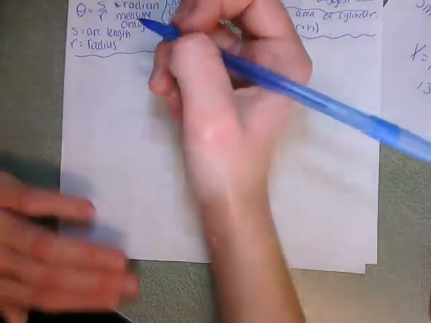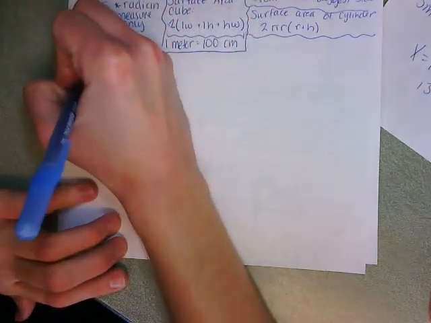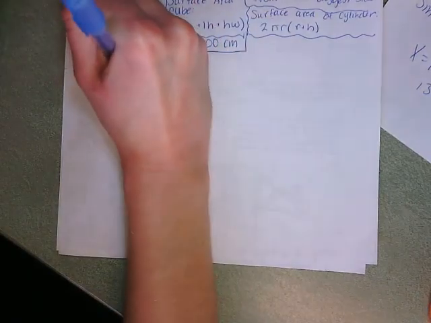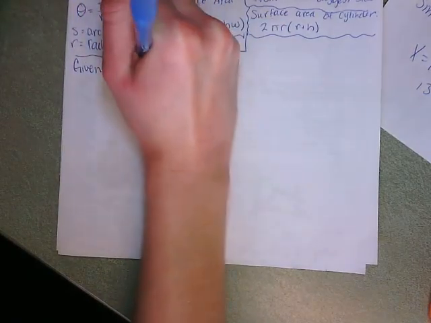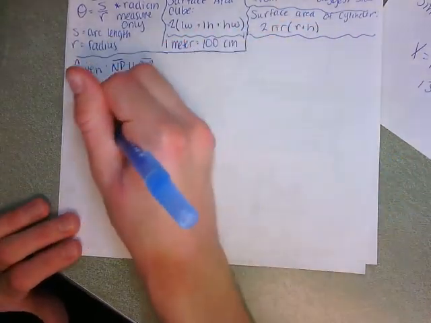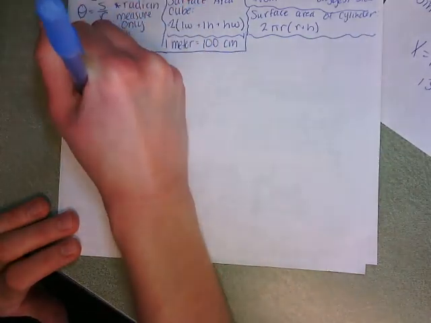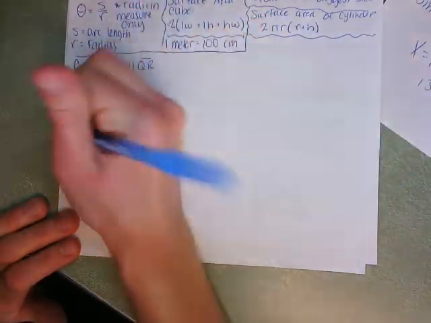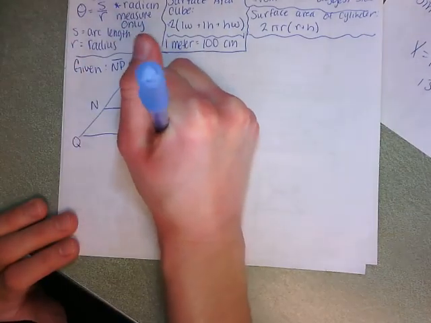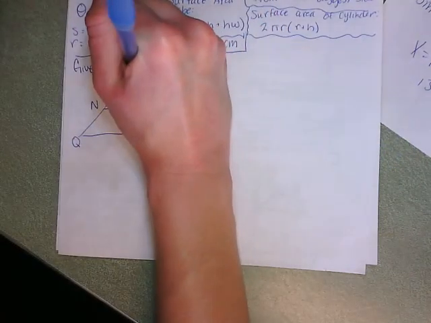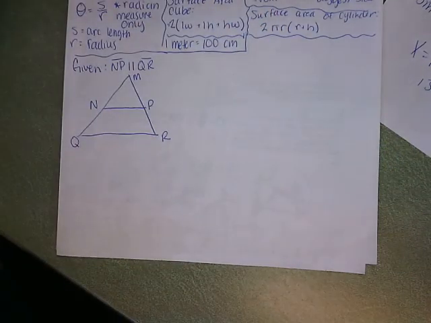We are given that NP is parallel to QR. So this is the kind of diagram that we have drawn here. We have NP and QR, and this is point M.